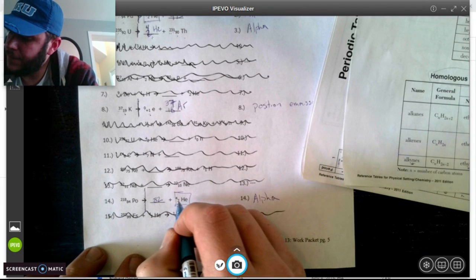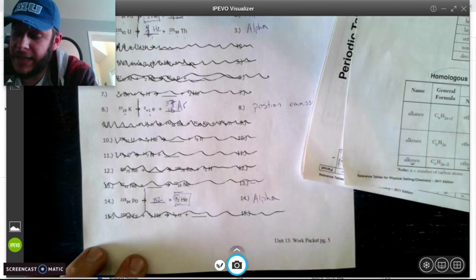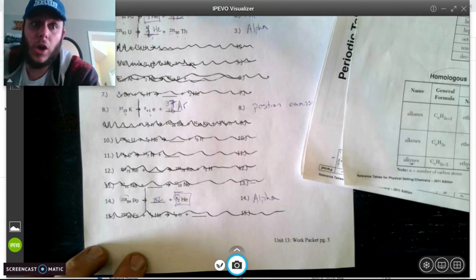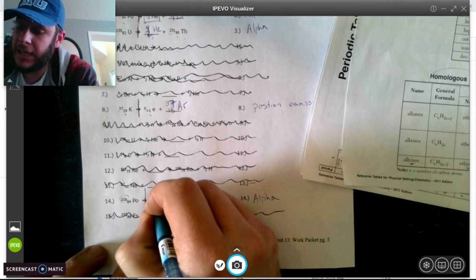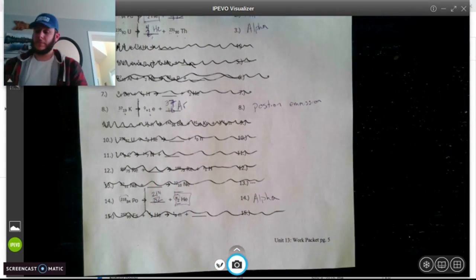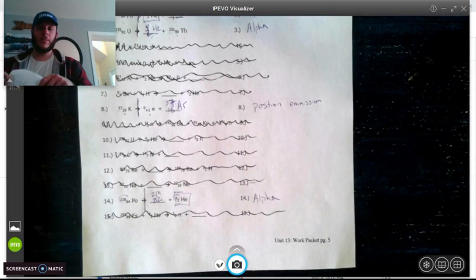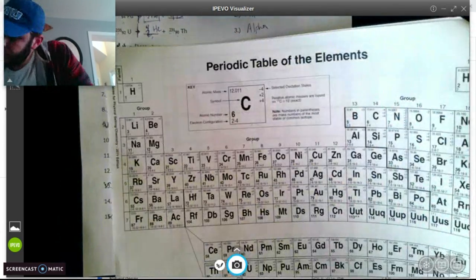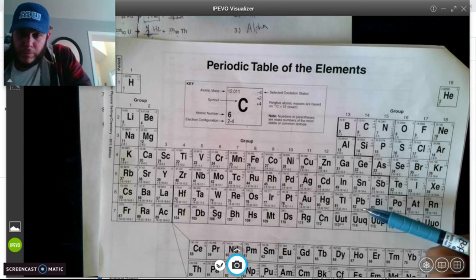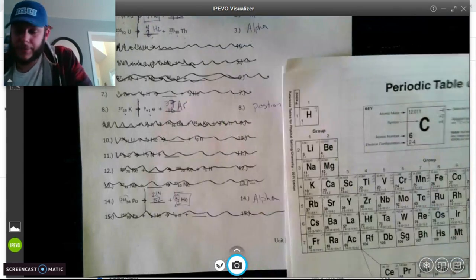Okay, if the alpha particle has a mass of 4, and I started with 218, 218 lost 4 mass. 218 is now going to become 214. What is the element with an atomic number of 82? Right here, Pb, lead.